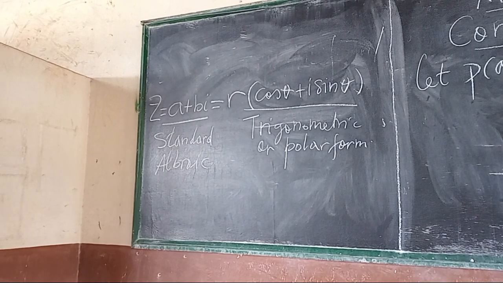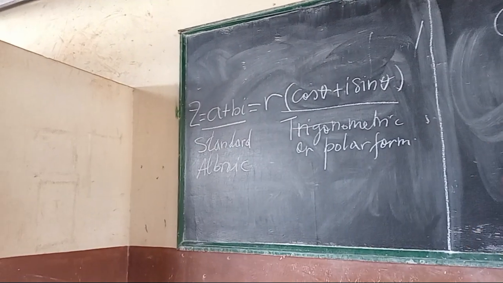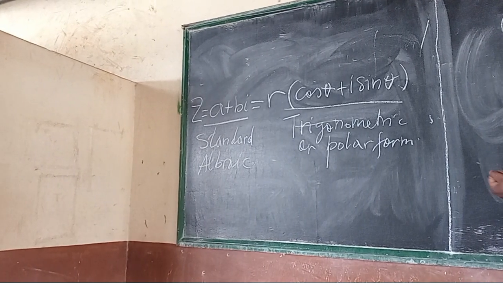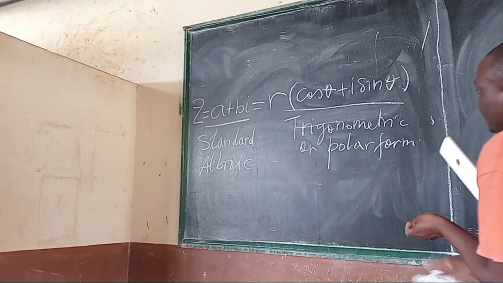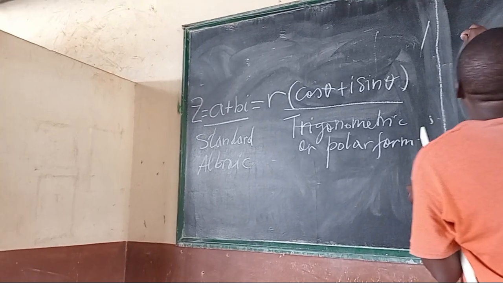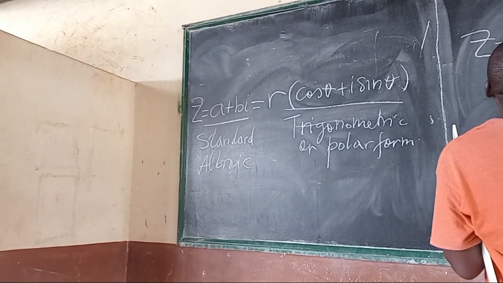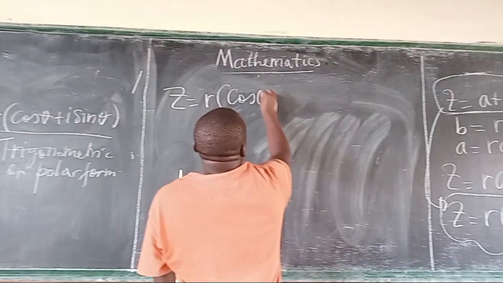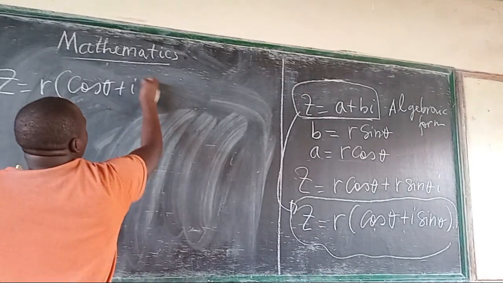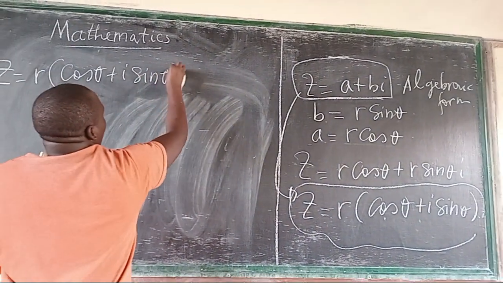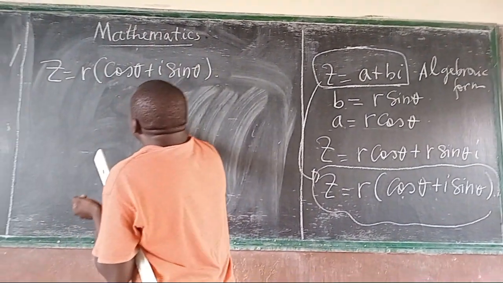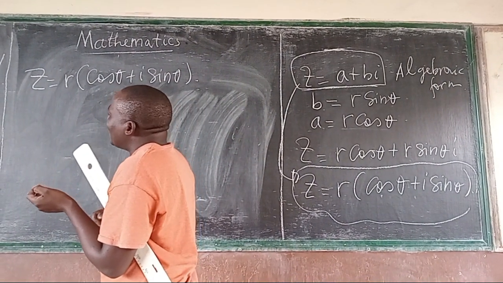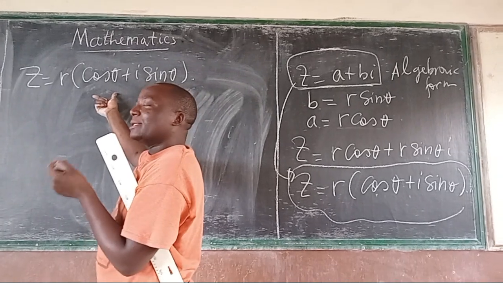Teachers, I say you see me clearly. We have z equal to r, the radius, as a factor of cosine of an angle theta plus i sine of an angle theta. This is a good expression of trigonometric form in complex numbers.